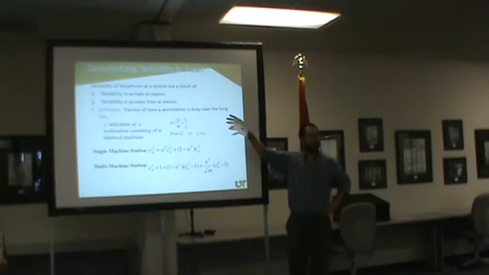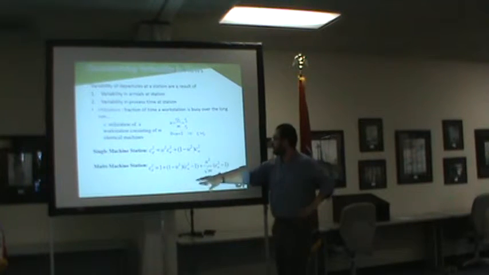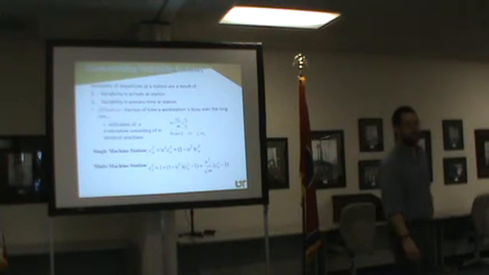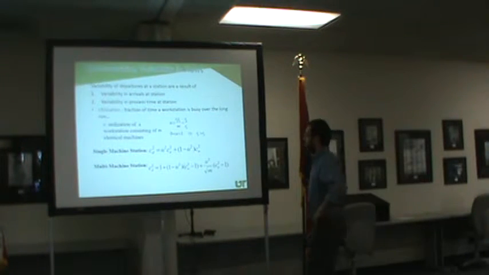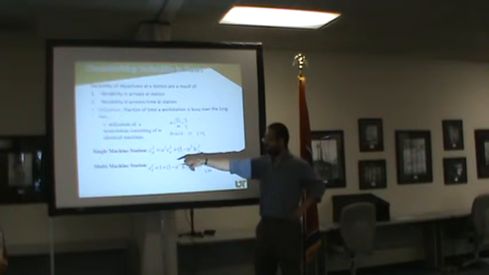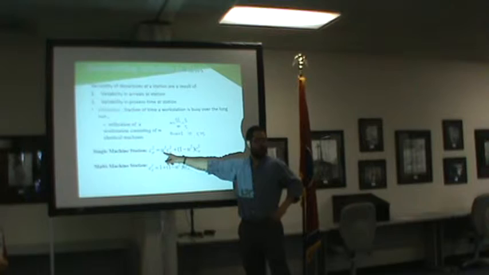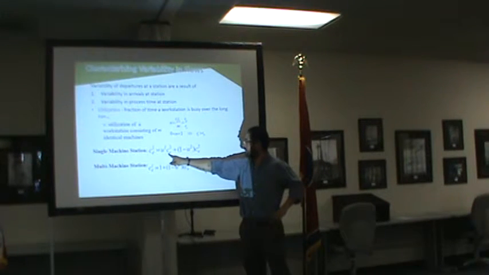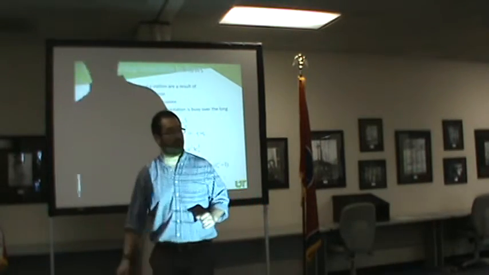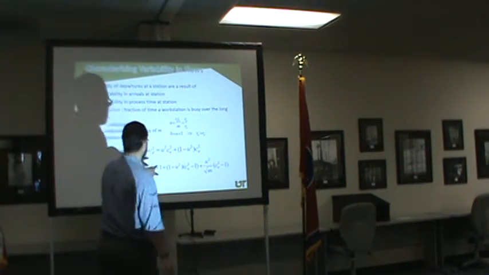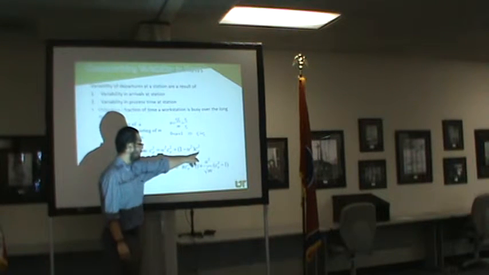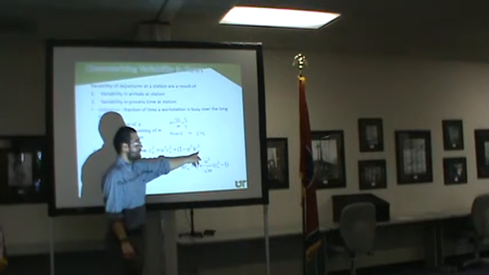We're going to come back once the example comes through, but what this means is that the square of the coefficient of variation of the departures, based on this relationship right here, equals the utilization squared times the squared coefficient of variation of the raw processing time, plus one minus the utilization times the squared coefficient of variation of arrivals.